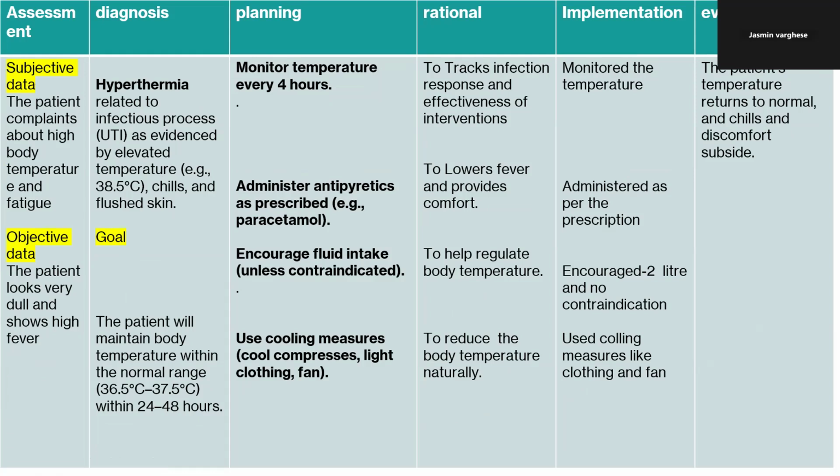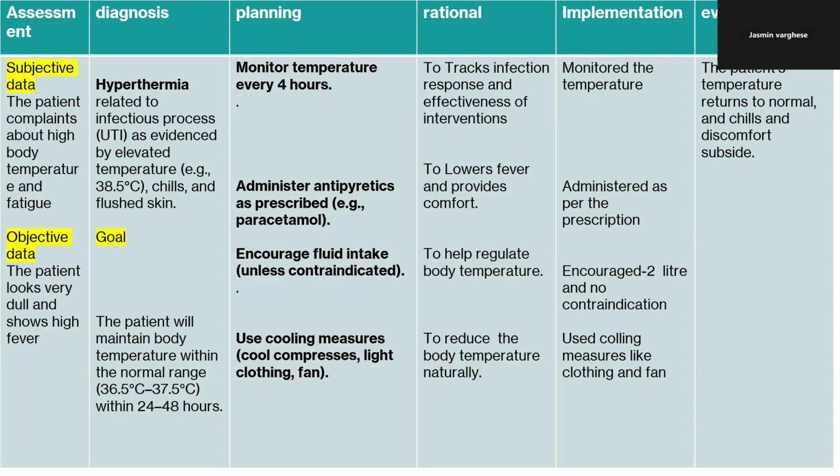Then objective data: the patient looks very dull and shows high fever. And you have to write the nursing diagnosis again: hypothermia related to infectious process as evidenced by elevated temperature.